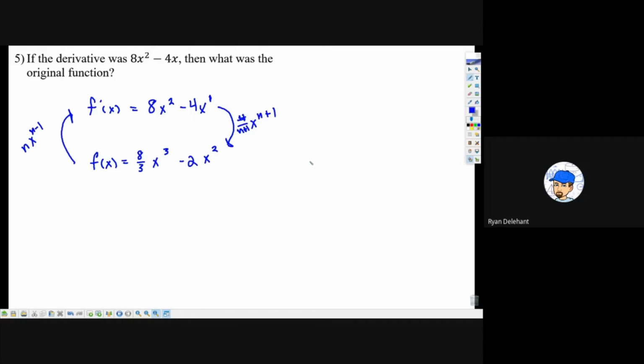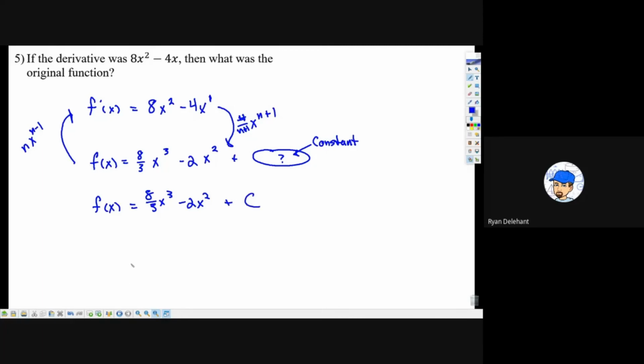But when we work backwards and you talk about where we started, we actually need to account for something. I could have something here that could have disappeared when I took the derivative, because if this was a constant, when I found the derivative of that constant, it would have disappeared. And the way that you would write that in your answer is you would say, well, that's 8/3 x to the third minus 2x squared.